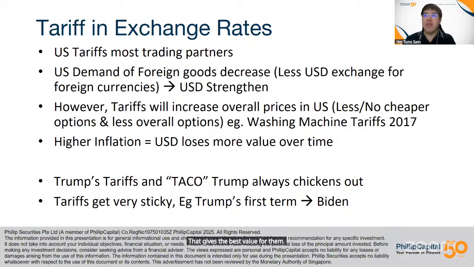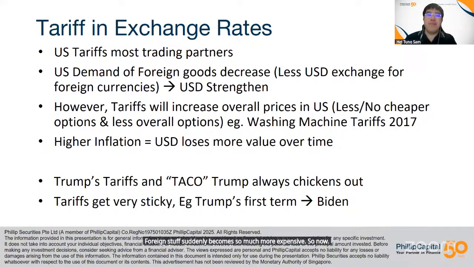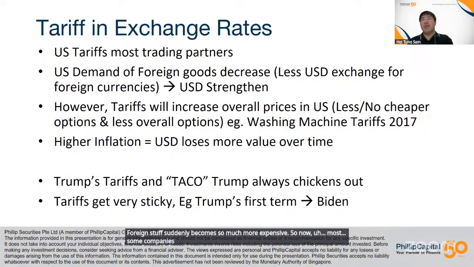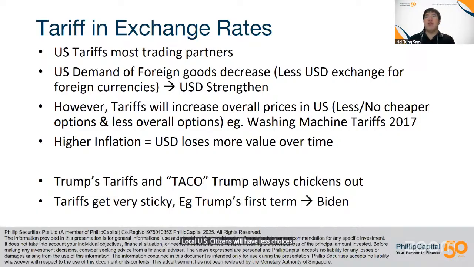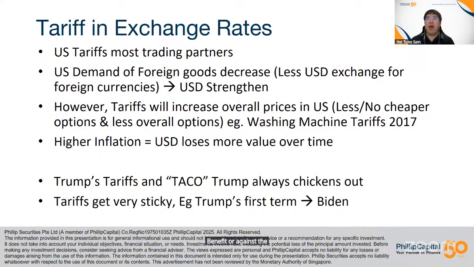But because of tariffs, foreign stuff suddenly becomes so much more expensive, so some companies will not import those products anymore. So local US citizens have fewer choices, and because of high inflation, the US dollar will lose more value over time as well. So when we talk about tariffs, it's not a direct benefit or against the US dollar. It's more about how it affects other macro factors that come into play.